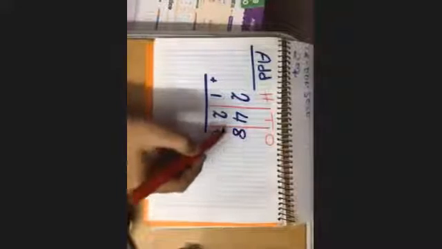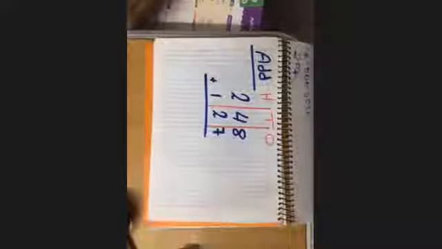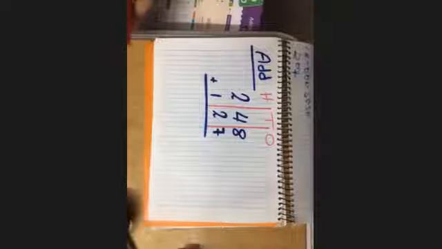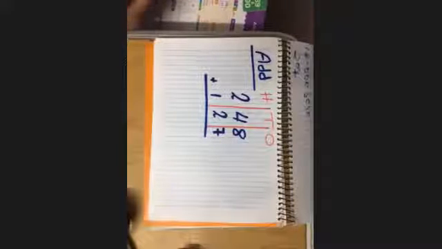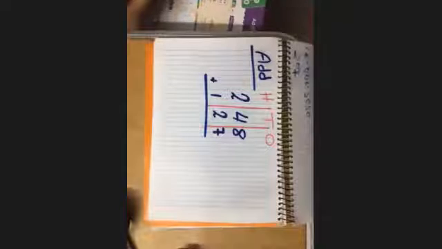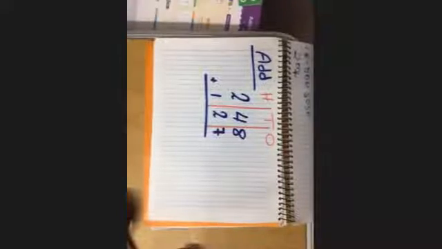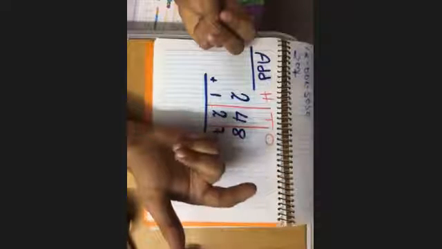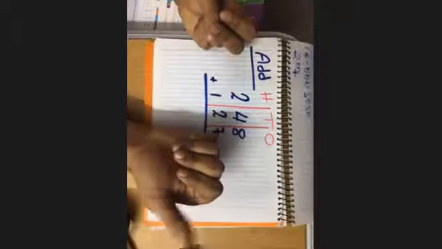I will add 8 and 7. 8 plus 7, I will put 8 in my head, 7 in my fingers, and start counting. After 8: 9, 10, 11, 12, 13, 14, 15.